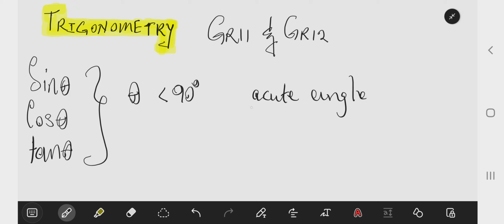So it means theta is actually less than 90, right? So every time we try to find the trigonometric ratios of the different trigonometric functions, we have to make sure that theta is less than 90, right?